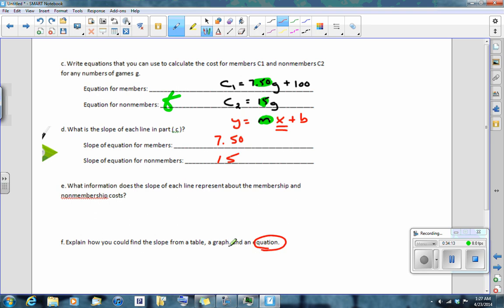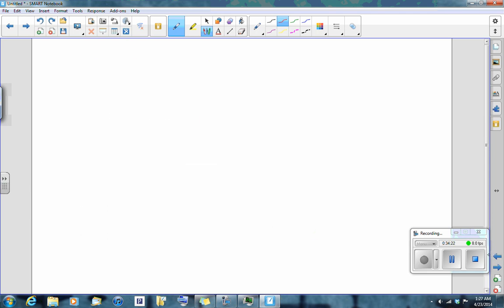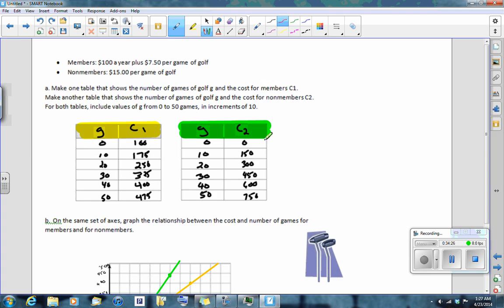From a graph, we can do rise over run. And from a table, we can do the change in y over the change in x, which we could find up here too if we wanted to do that. Again, you could look at this as being x and y. The change in y each time, they're constantly adding 150. The change in x is adding 10 each time.